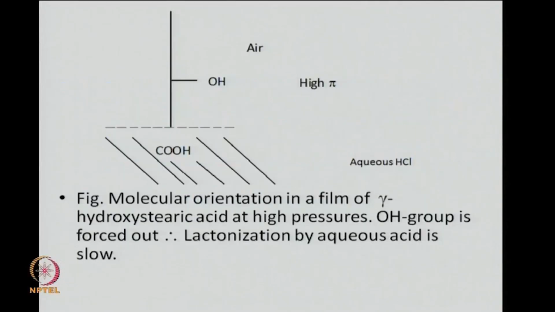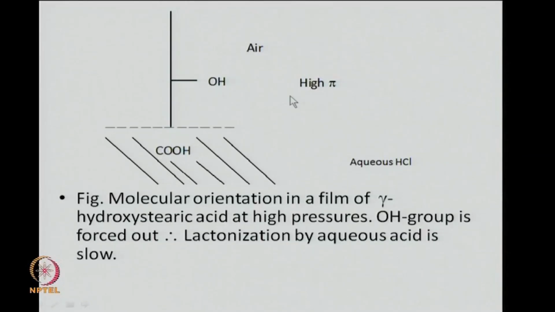You could see this when I show you this sketch of a molecule of gamma hydroxystearic acid. We are just showing the groups of interest, the hydroxyl group and the COOH group.